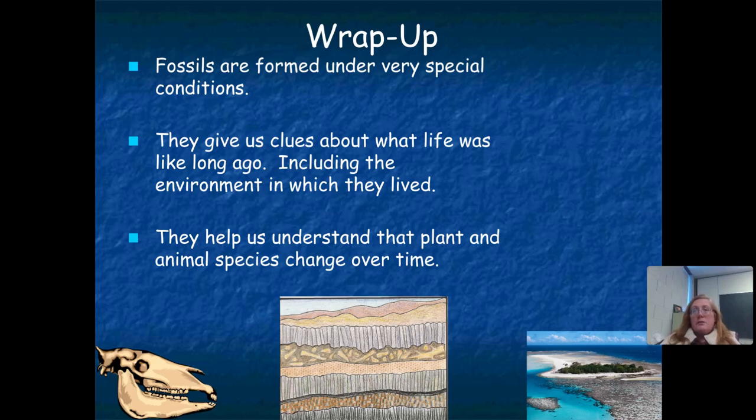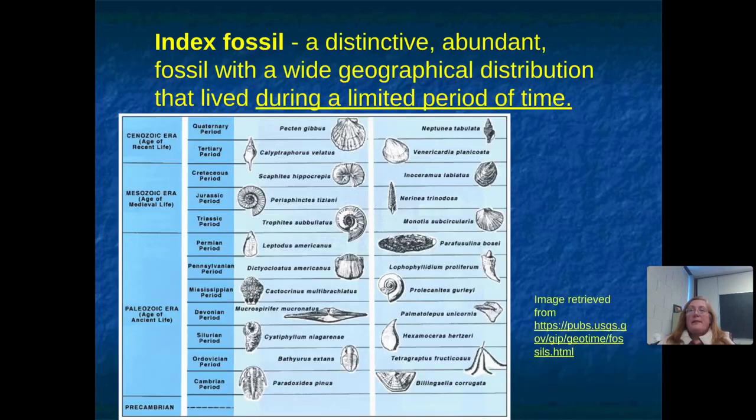Wrapping it up, conclusions. Fossils are only formed under very special conditions. They give us clues about what life was like long ago, including the environment that they lived in. They help us understand that plant and animal species change over time.